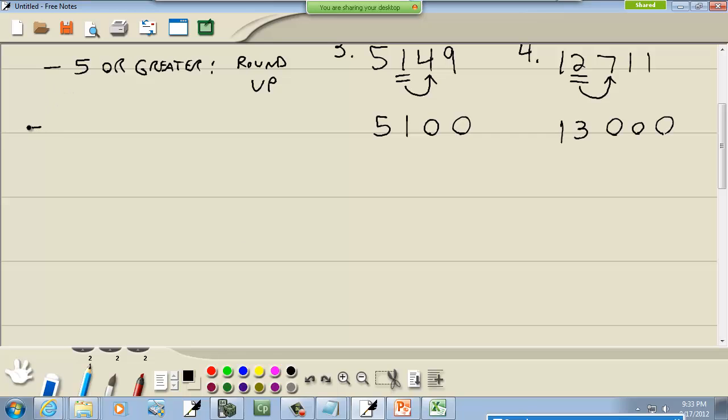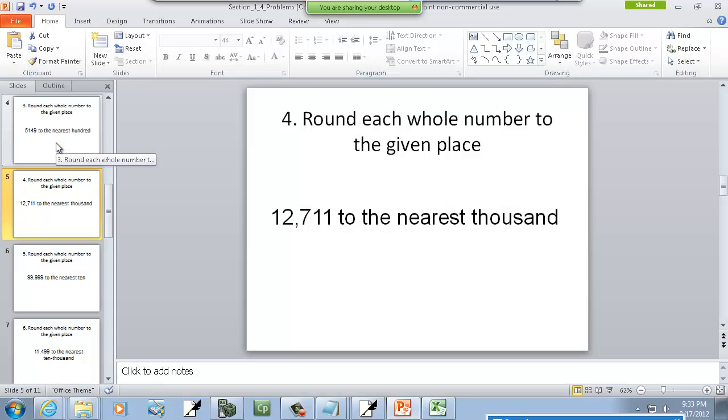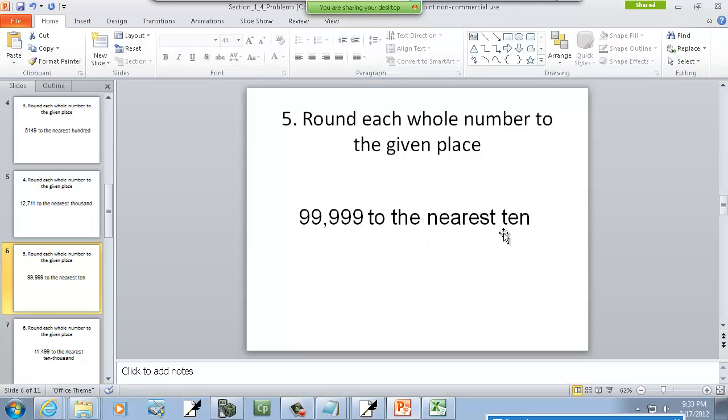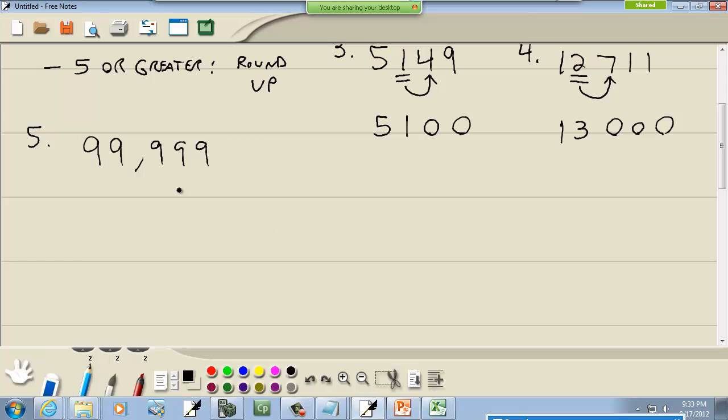Well, let's look at problem number 5. 99,999. And we're rounding to the nearest 10. Well, this is ones. This is the tens place. We're going to look at the digit immediately to the right, which is this. It's 5 or greater, which means we're going to round up.